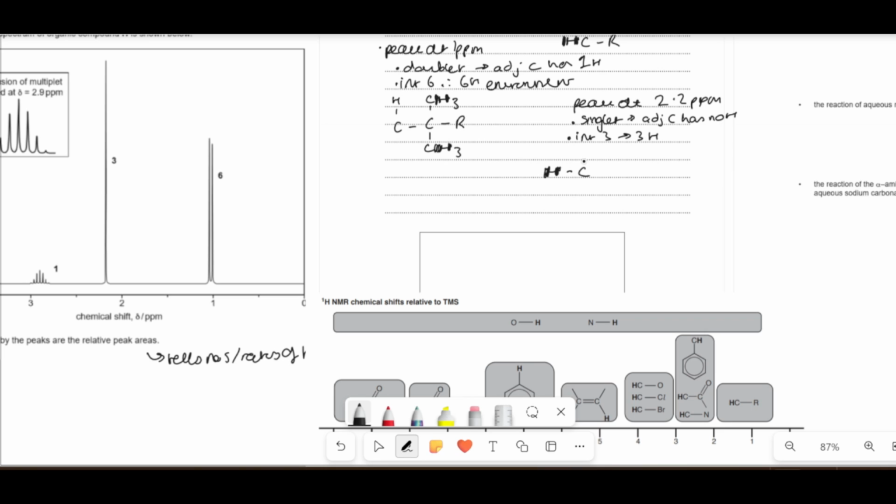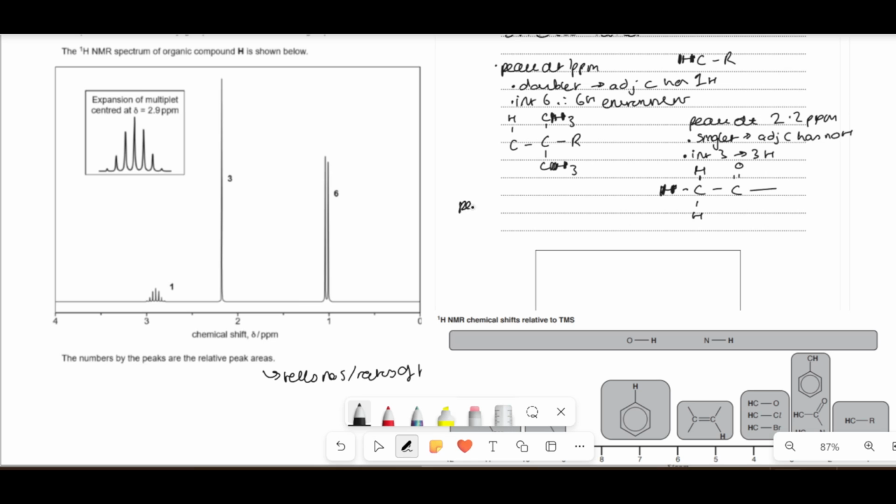But it's told you it's an integration of 3, so this has to have 3 hydrogens on it. And it's a C double bond O, and then something else. I just told you the adjacent carbon has no hydrogen. That's not adjacent to here, it's adjacent to this environment, because that's the one it's pointed out. And that adds up. This doesn't have any hydrogens, so we're happy there.